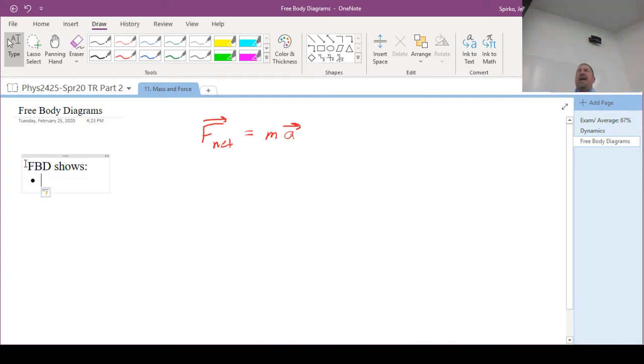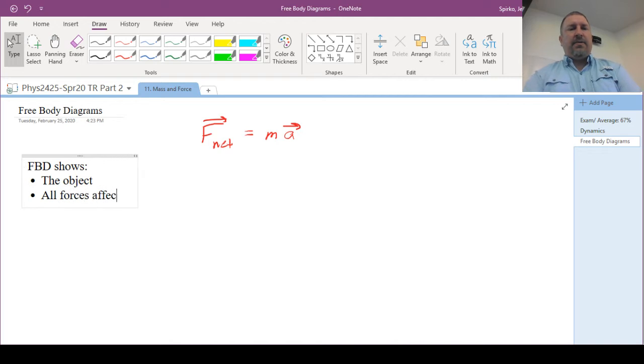So here are the elements that go into a free body diagram. There is some object, the mass, that we're considering, that we're thinking about. The object should be part of our free body diagram. We have to include all of the forces affecting the object.